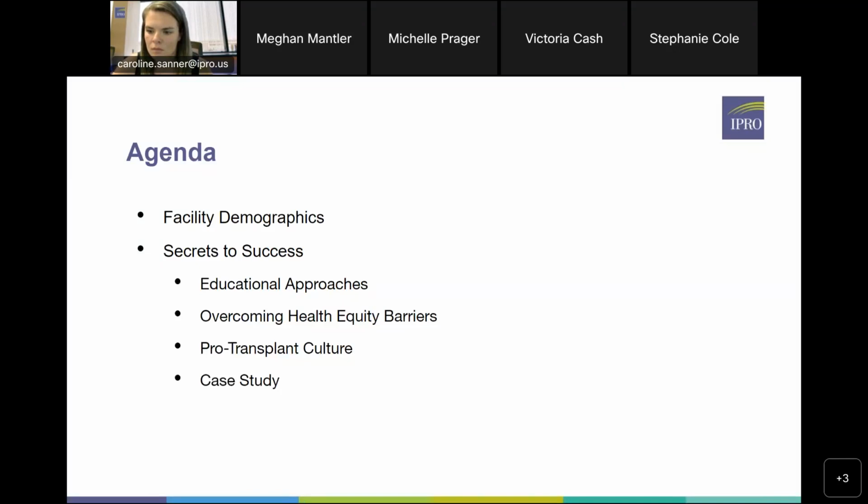Then we'll look at some of the ingredients that make up our recipe for success, different educational approaches, how we go right head on with overcoming those health equity barriers, and just how we've worked toward this pro-transplant culture. Then we will end with a case study that shows a typical way our clinic works with all the members of an IDT to make this happen for people.